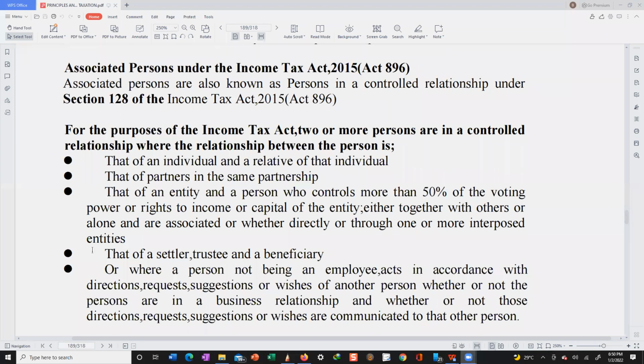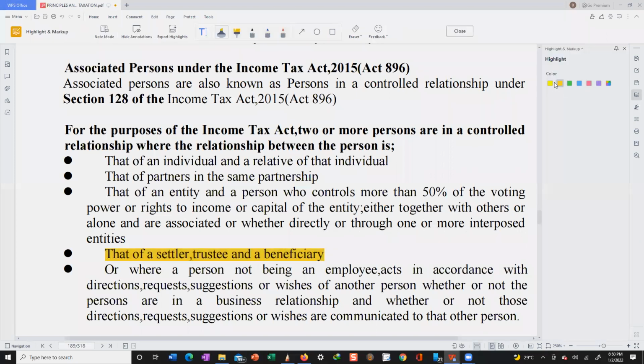That's per our law. Also, that of a settler, trustee, and a beneficiary in a trust. Okay, these ones are all known as persons in controlled relationship.